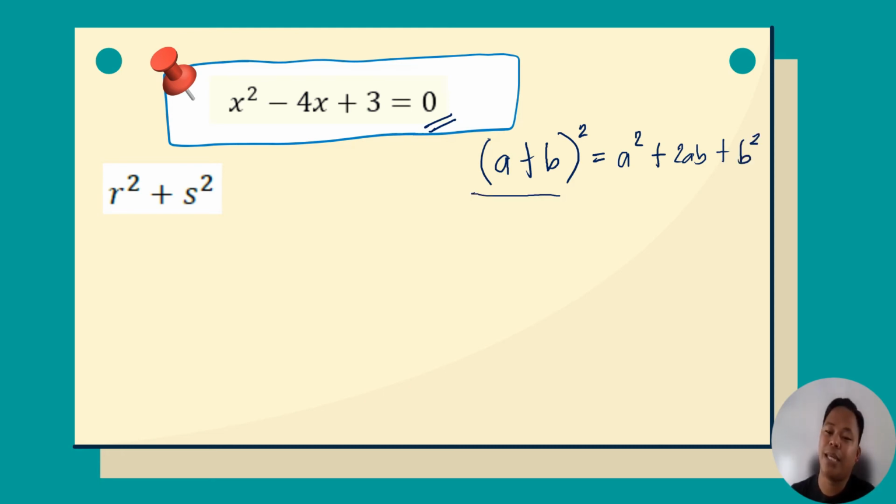We are going to use this rule to find the value of our expression. If we look here, we have a squared, which is also equivalent to r squared, and b squared, which is also equivalent to s squared.